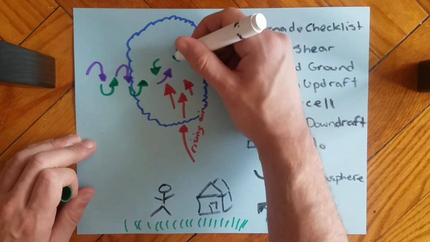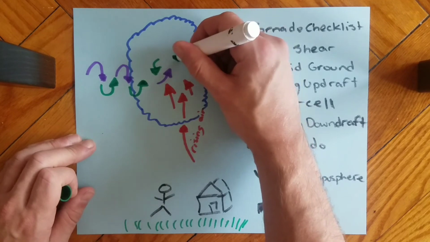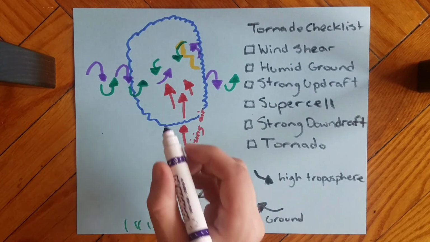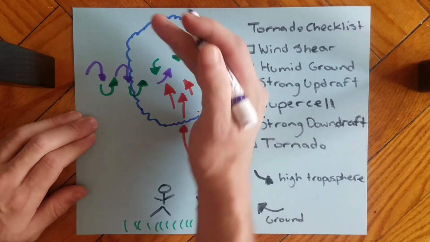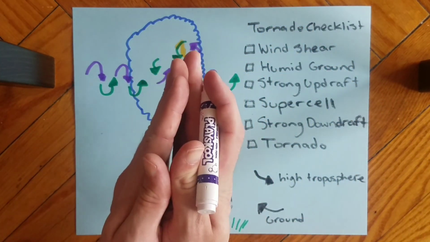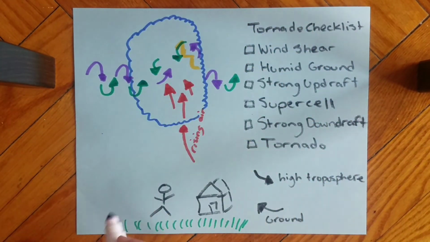Now that wind shear that was originally horizontal is going to be bent. Both sides of this are going to get bent, and it's going to be inclined towards the ground.